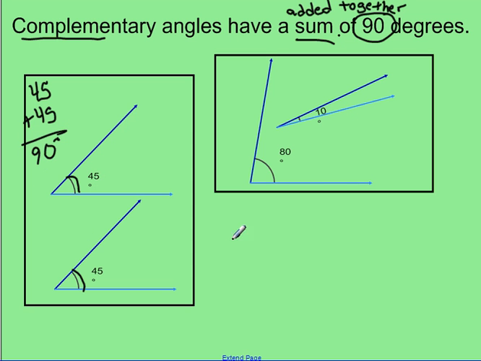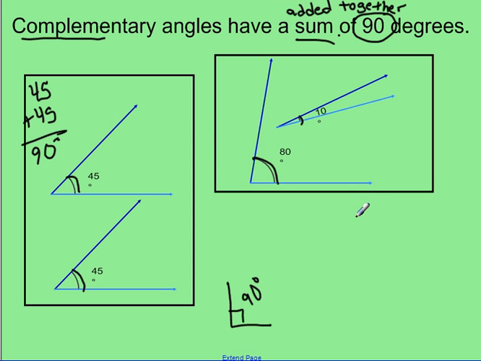Just a quick reminder, a right angle equals exactly 90 degrees. So complementary angles are angles that add up and together form a right angle, a 90-degree angle. This one, 80, 10, add up to equal 90.